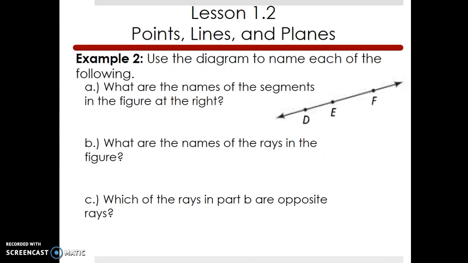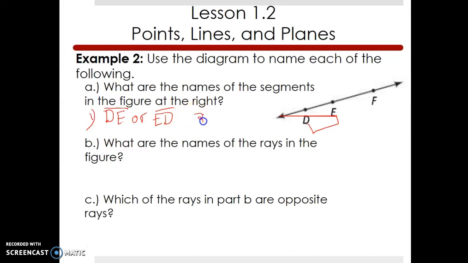Use the diagram to name each of the following. What are the names of the segments in the figure at the right? So if you see it, you have DE. If you remember, segments end, right? So DE. Or you could also write ED. The order doesn't matter for line segments.